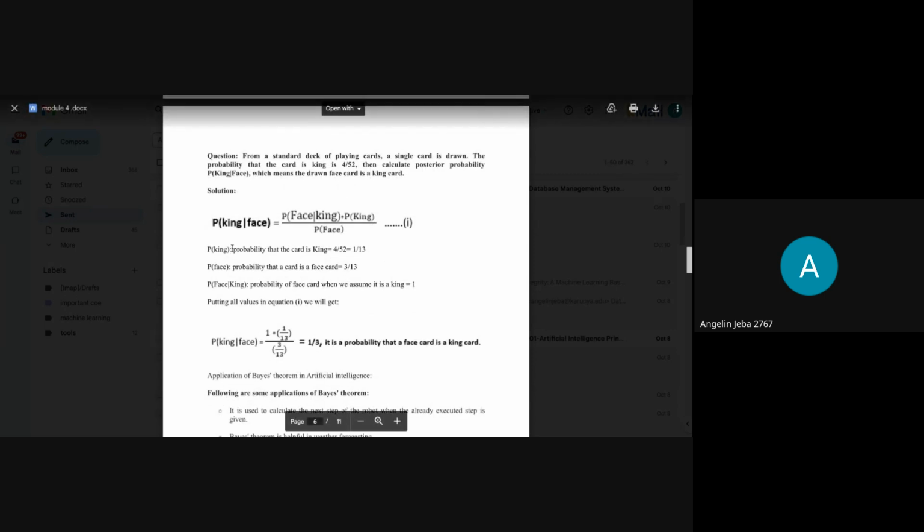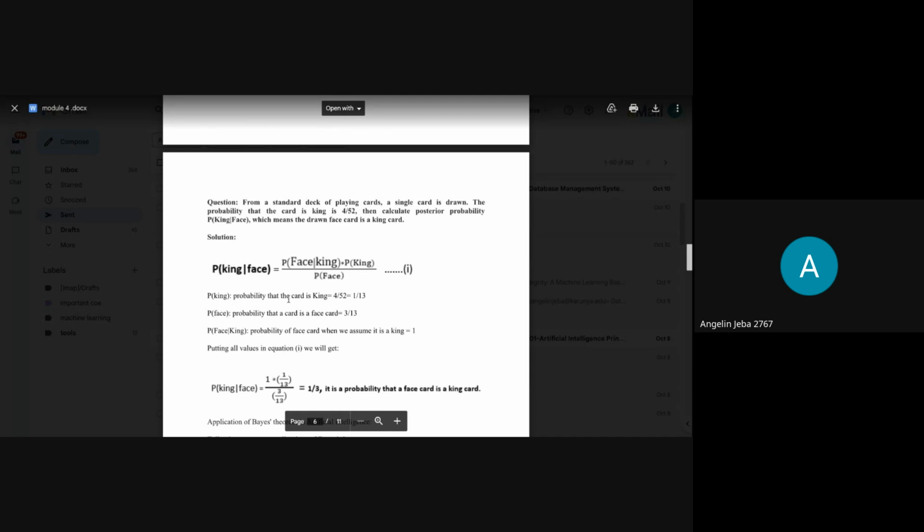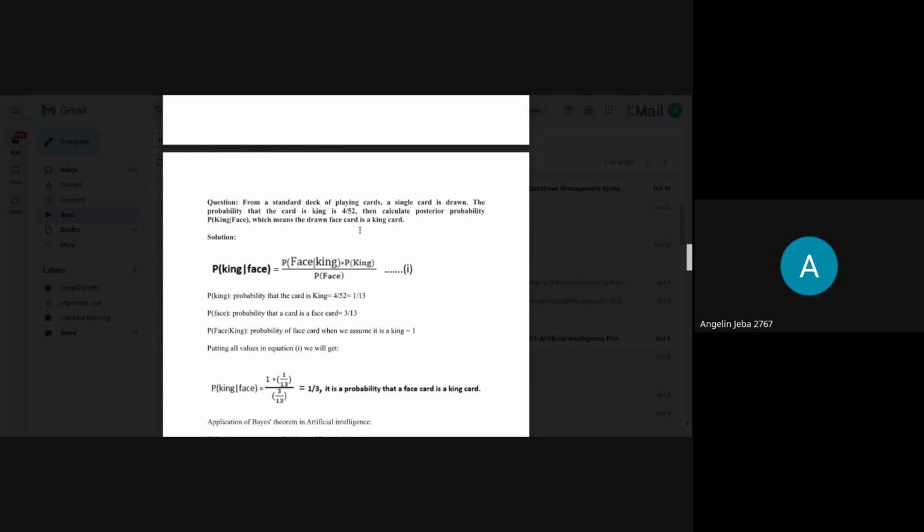The probability that the king card will be drawn is equal to 4 by 52, which is equal to 1 by 13. There are 4 kings in a deck of 52 cards, so 4 divided by 52 is 1 by 13.